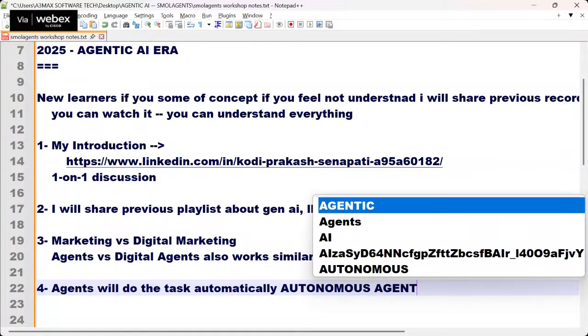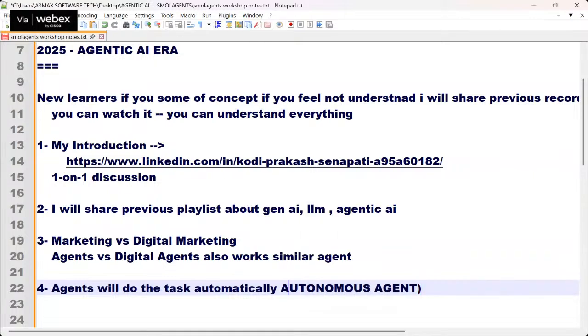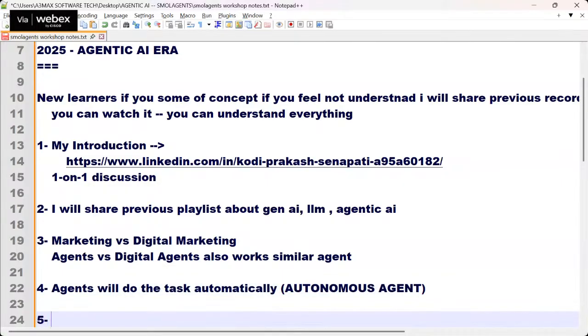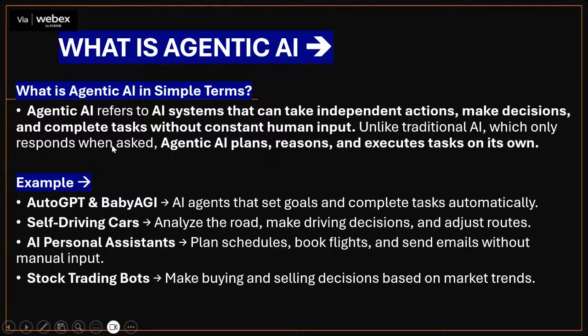Autonomous agent. Okay, so let's understand this, because last week we also did workshops on agentic AI. Agentic AI is an AI system that can take independent actions, make decisions, and complete tasks without supervision. In 2025, every company wants to create their own frameworks.